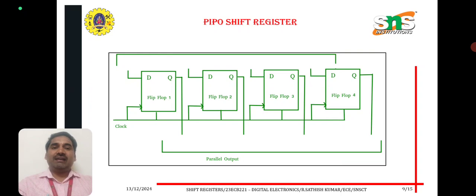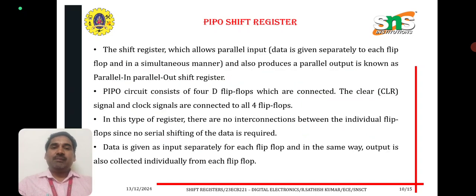Next one, PIPO. It consists of 4 flip-flops with parallel input. With parallel data in, we can get the parallel data out. Output is nothing but your Q. Input is nothing but your D flip-flop. Clock is enabled for all the flip-flops. The shift register which allows the parallel input and also produces the parallel output is known as parallel in, parallel out shift register.